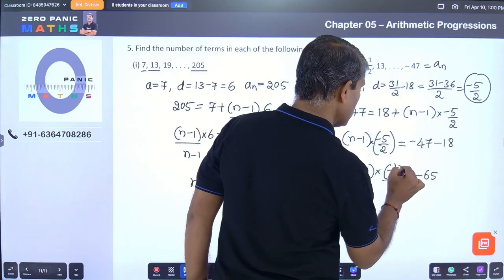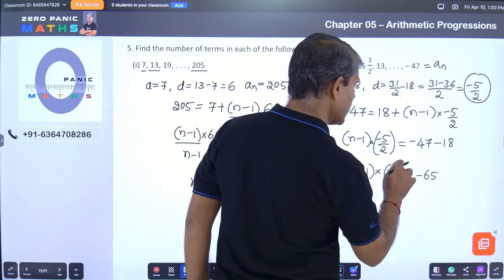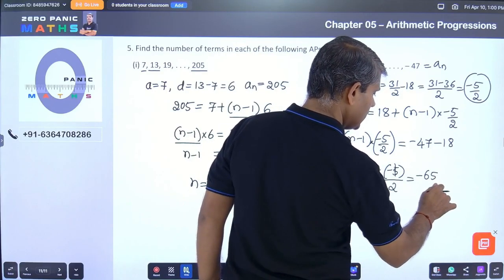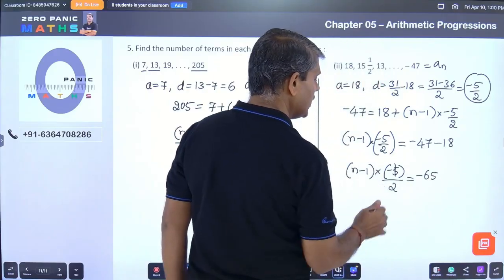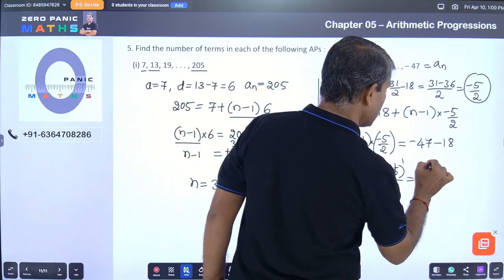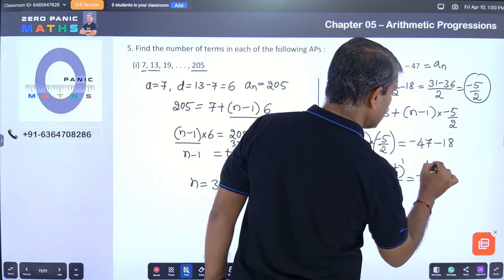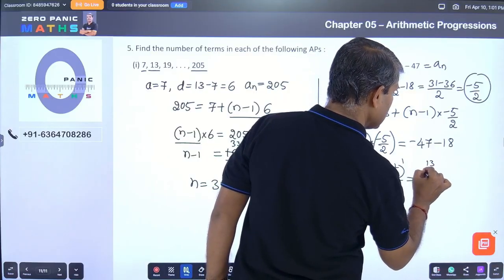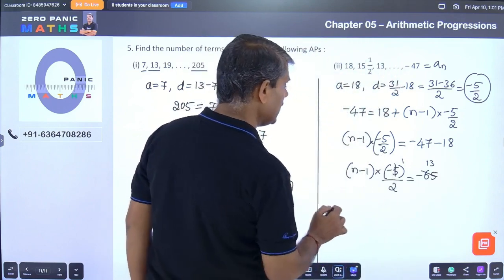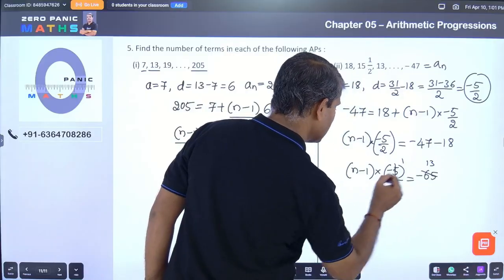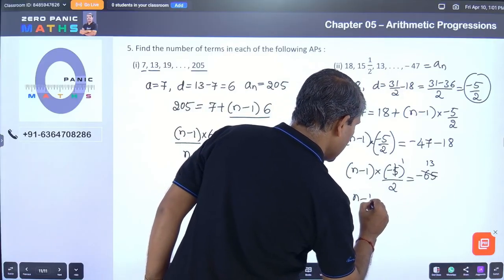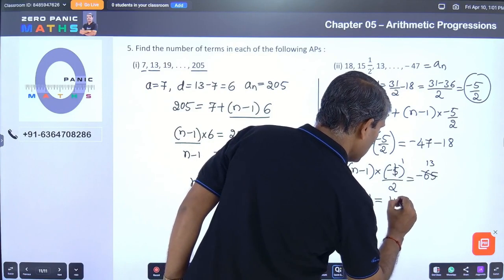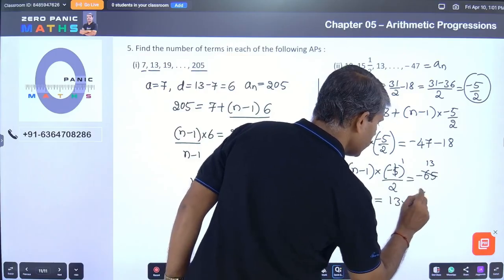So I can transfer this 5 to the denominator. 5 ones are 5, 5 threes are 15, so it is 65. So that is 13 at the right side. So n minus 1 is equal to 13 into 2, which is 26.